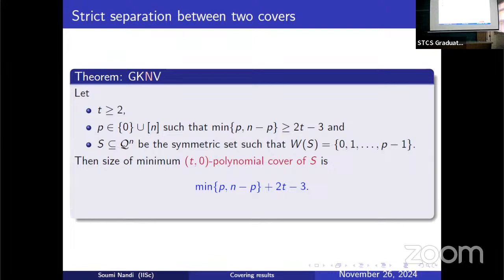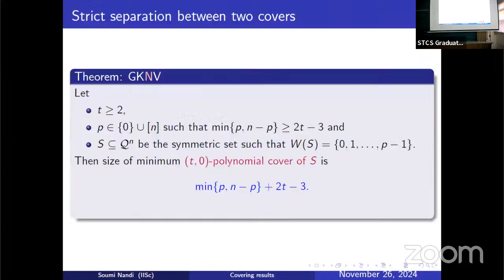We want a T-0 covering for this set, that is, all the points which have weight less than P will be covered at least T times, and the points which have weight at least P will be uncovered. Then what will be the minimum degree of the polynomial? So we have shown that this will be the minimum of P, n minus P, plus P minus T.